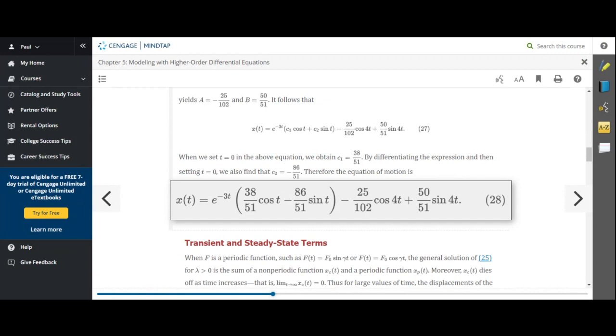The first component of the equation of motion in this example 6 is like underdamped, but because of that driving force on the right hand side that's always there, the 5 times the cosine of 4t, as t goes to infinity, x of t approaches the function negative 25 over 102 cosine of 4t plus 50 over 51 sine of 4t. Yes, question?